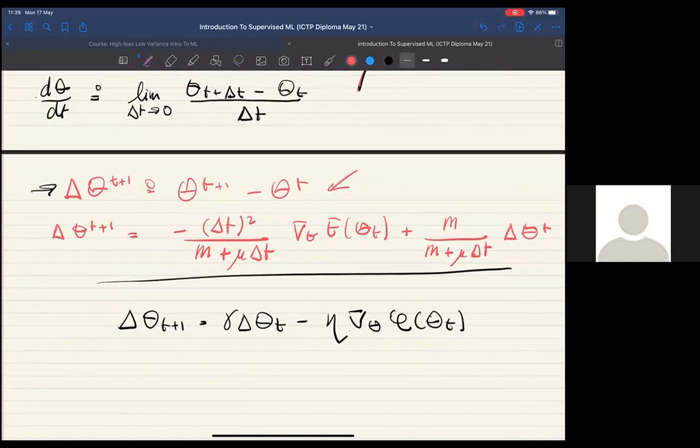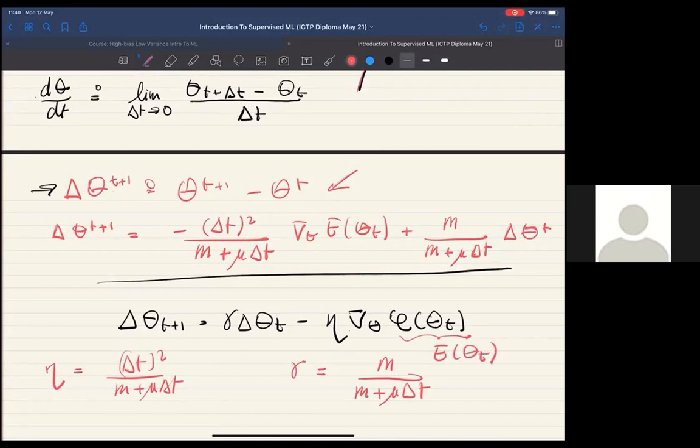If I define this eta to be delta t squared over m plus mu delta t, and the gamma, this momentum, to be m over m plus mu delta t, I have the same equations. And the cost here is my energy function, right?